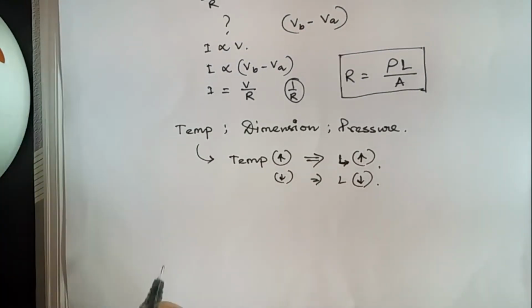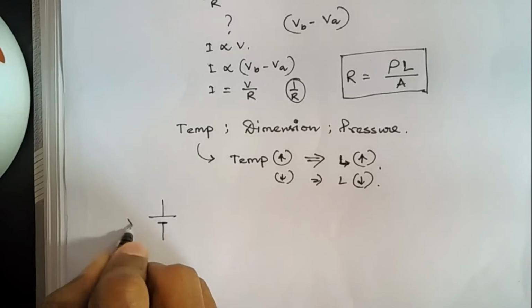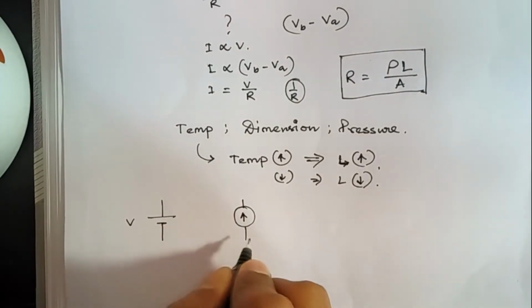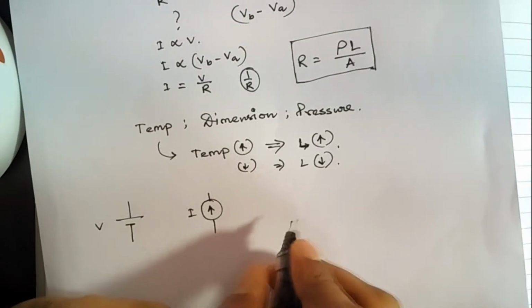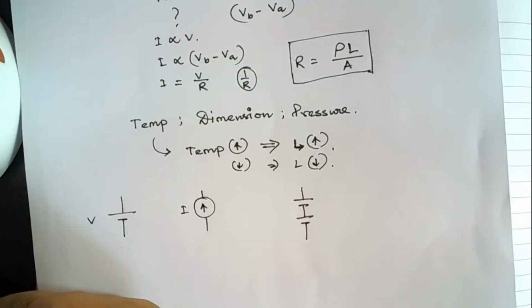So next we come to voltage and current. This is DC voltage and this is current. We have connected more than 2 DC batteries in series.